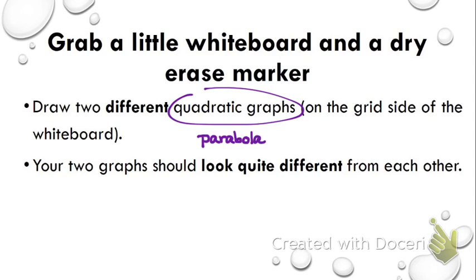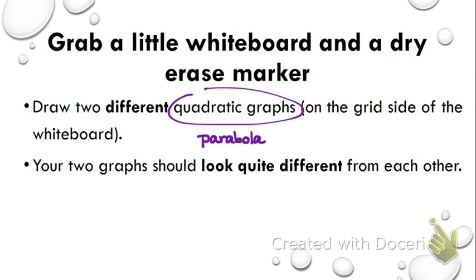Our h value. From vertex form, the h value would shift it over. If we were in standard form, that would be the b value that would do that shifting. We don't have formal rules for that. We know how h and k work, but if we change it into standard form, that's what it would be.